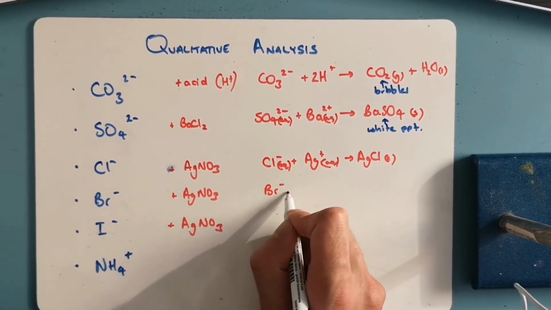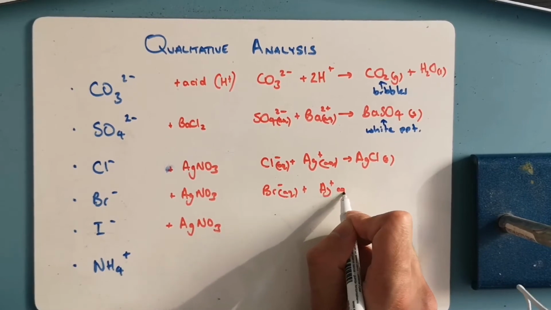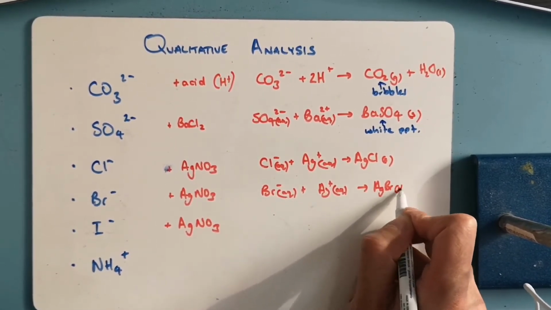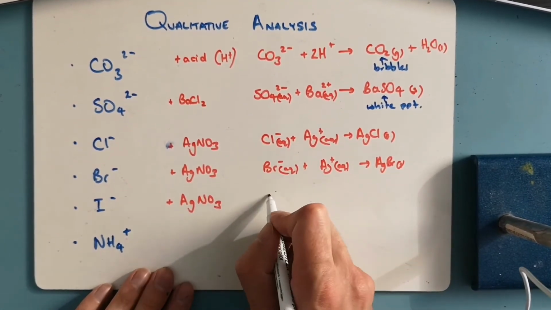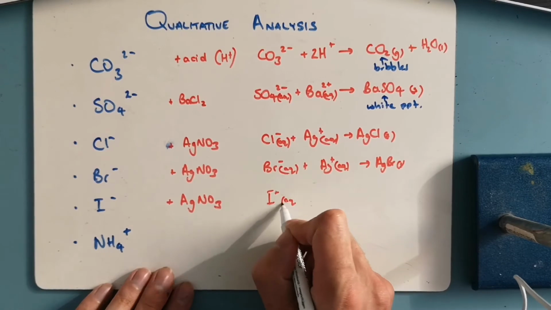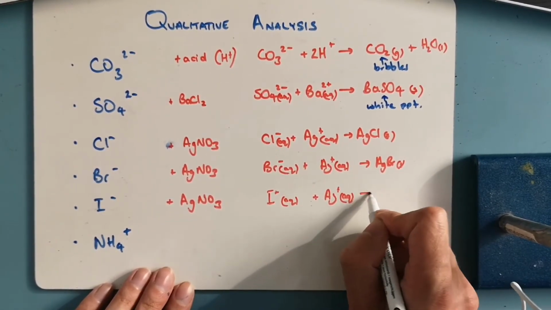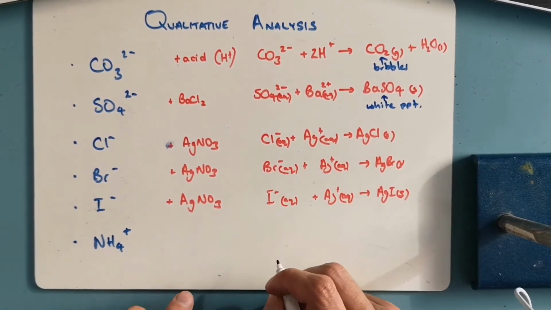Br- aqueous plus silver aqueous forms silver bromide, solid, so a precipitate again. I- aqueous plus Ag+ aqueous will go to silver iodide, solid.